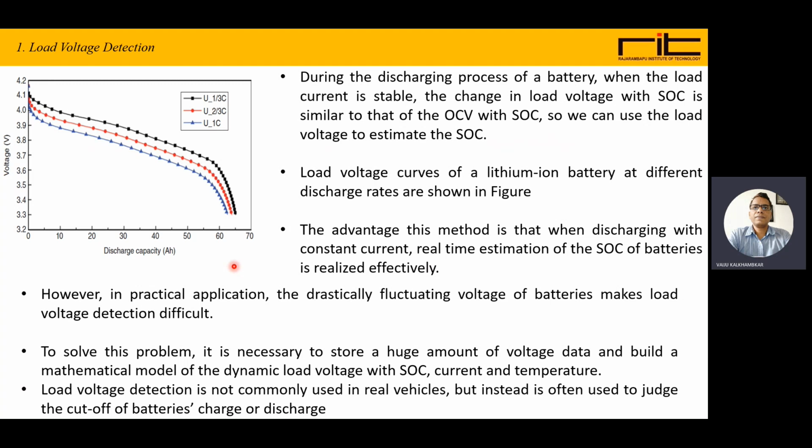To solve this problem, it is necessary to store a huge amount of voltage data and build a mathematical model of the dynamic load voltage with state of charge, current, and temperature. The load voltage detection is not commonly used in real vehicles, but is often used to judge the cutoff of batteries during charge or discharge.